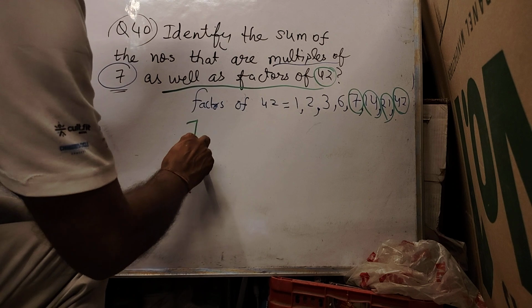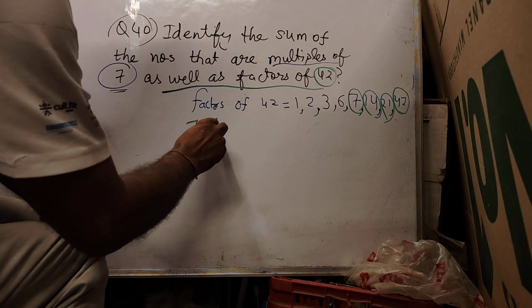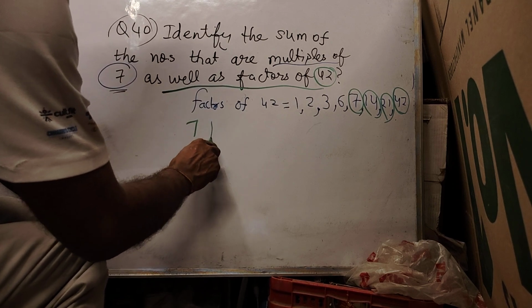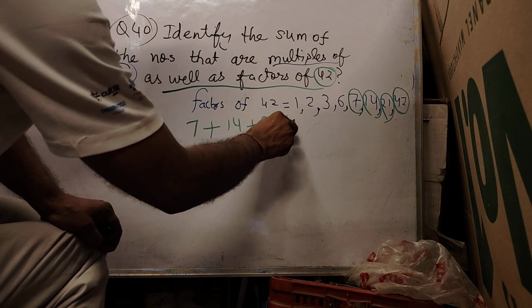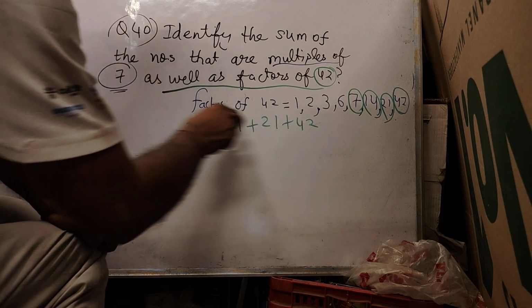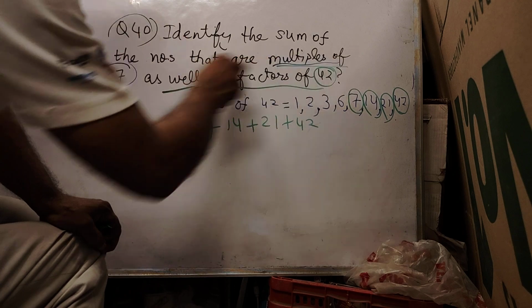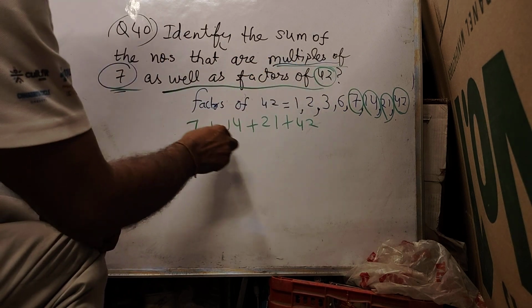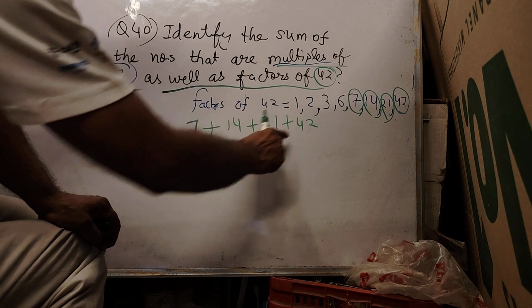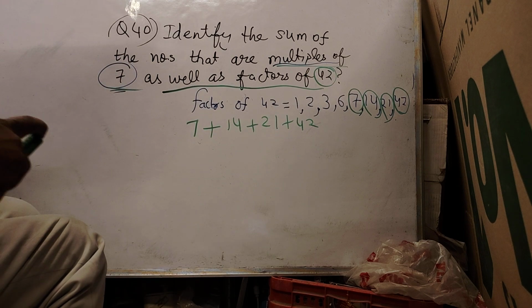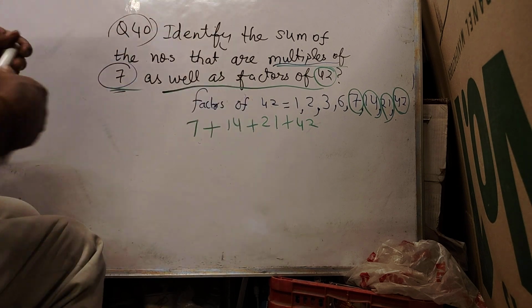So we have to find the sum of 7, 14, 21 and 42. These are the four numbers that are multiples of 7 as well as factors of 42. So the question is asking to find the sum of these numbers.